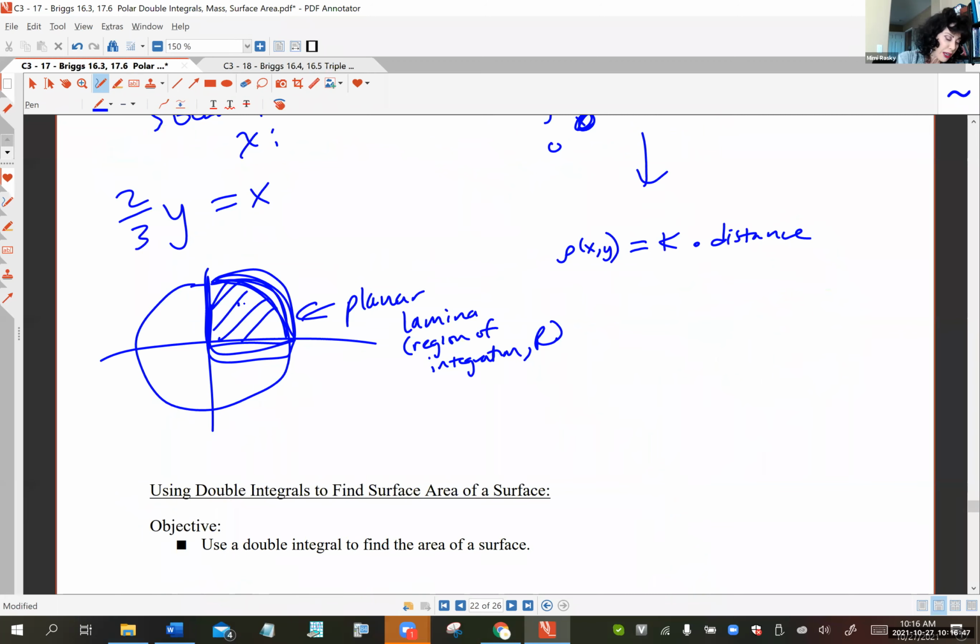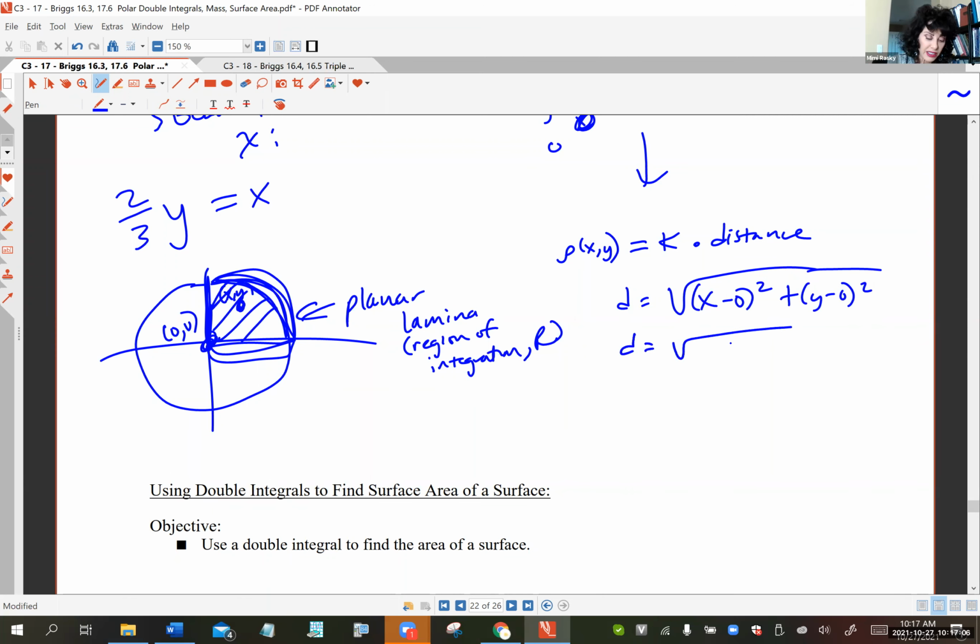Okay, so if you pick a point here in our region, x, y, and you look at the distance between it and the origin, remember the distance is the square root of the sum of the squares of the differences between the x and y coordinates respectively. So the distance is going to be that. And that's your D right there.